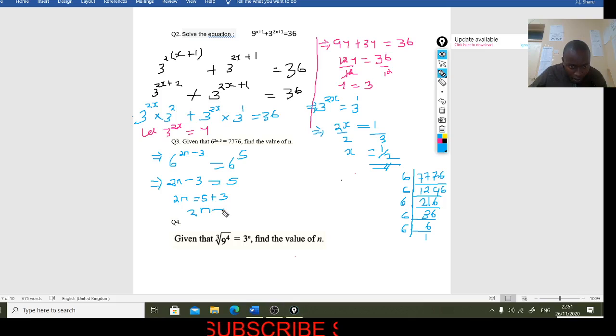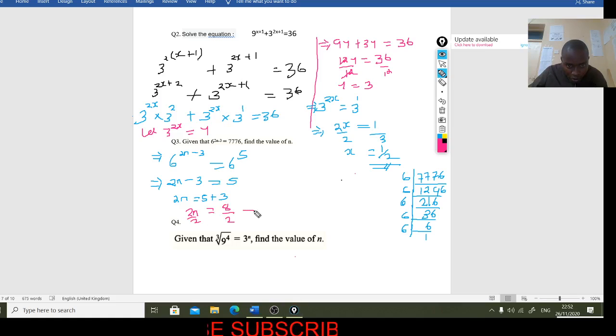2n equals 8. I divide by 2, I divide by 2.